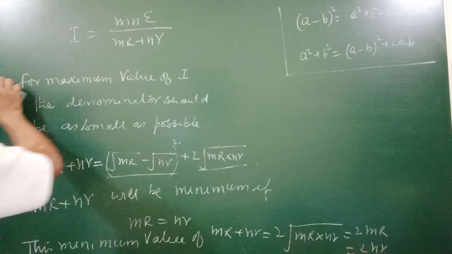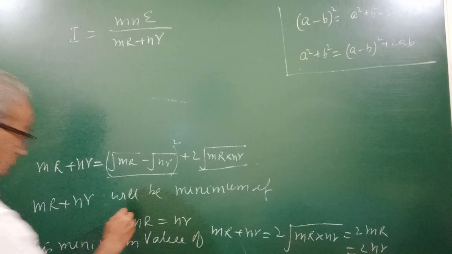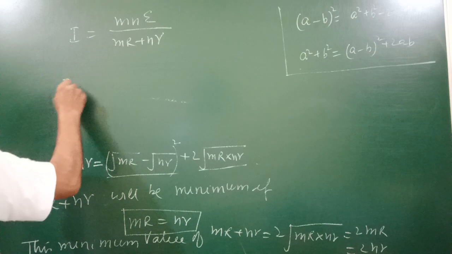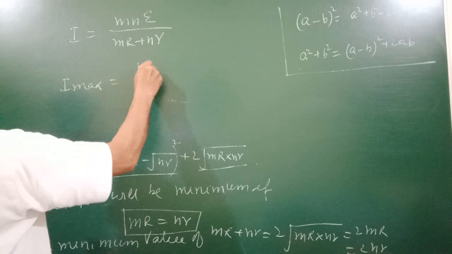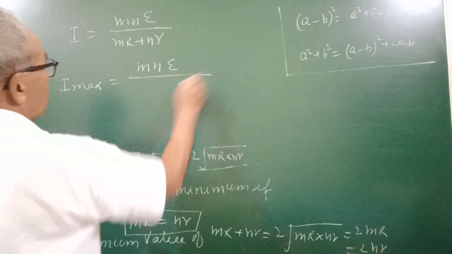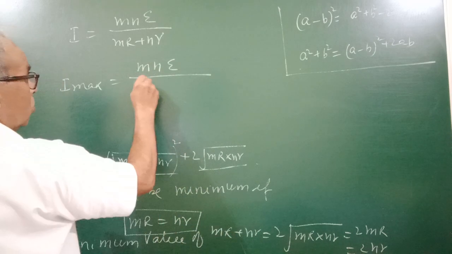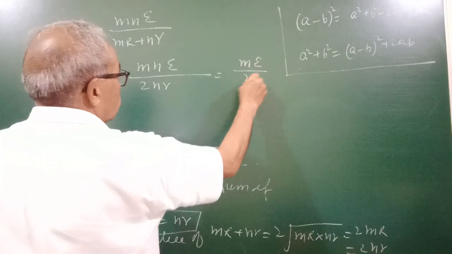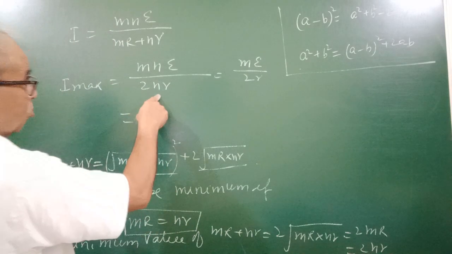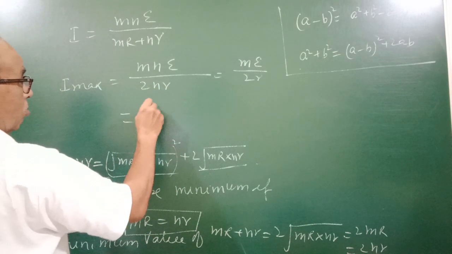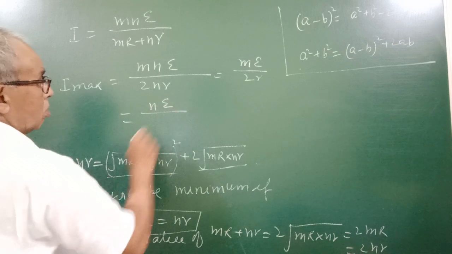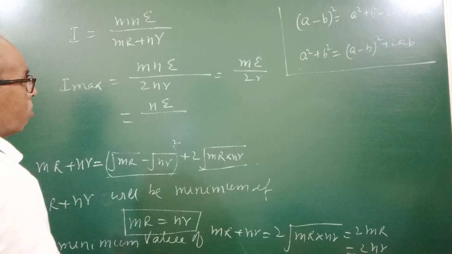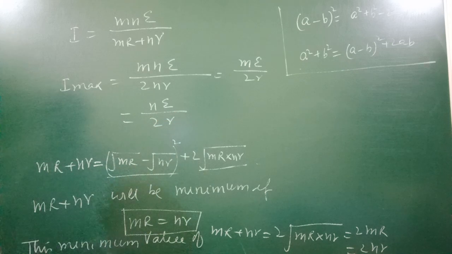And therefore this is the condition of obtaining maximum current, and that I maximum will be ME upon the minimum value 2NR, that is ME upon 2R, or if I put 2MR here then it will be NE upon 2R, both will come equal.